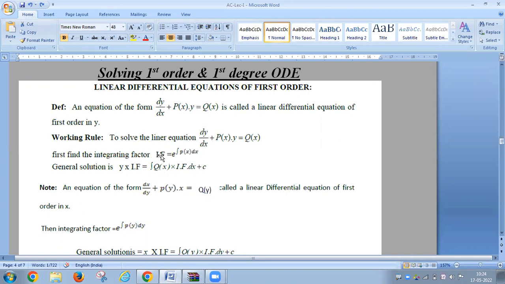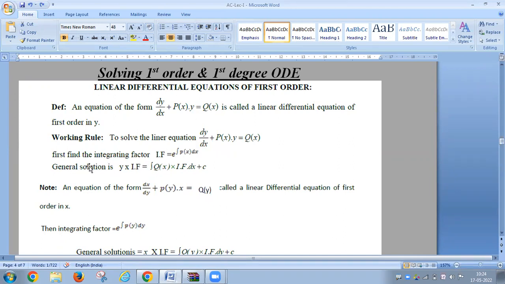In order to solve this linear differential equation, first we have to find the integrating factor, IF. The integrating factor is e power integral p dx.